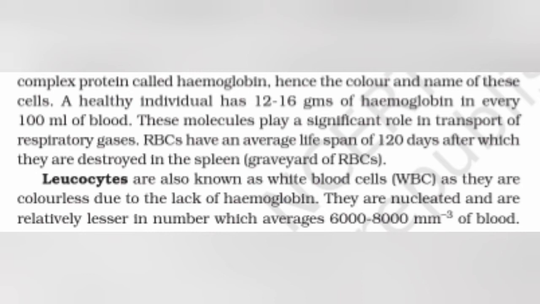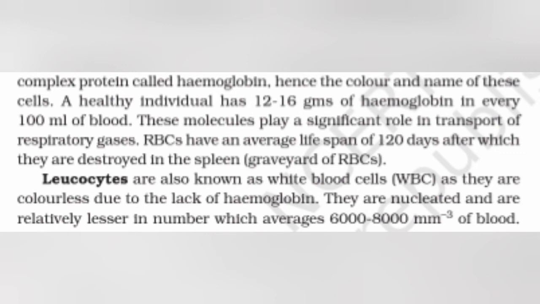A healthy individual has 12 to 16 grams of hemoglobin in every 100 ml of blood. These molecules play a significant role in transport of respiratory gases. RBCs have an average lifespan of 120 days, after which they are destroyed in the spleen, that is also known as graveyard of RBCs.